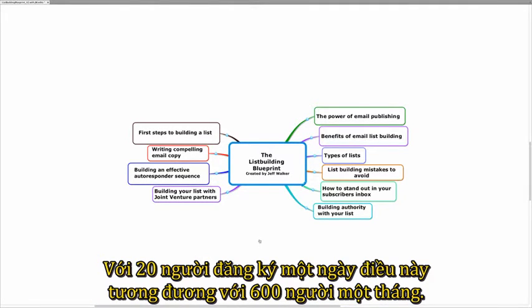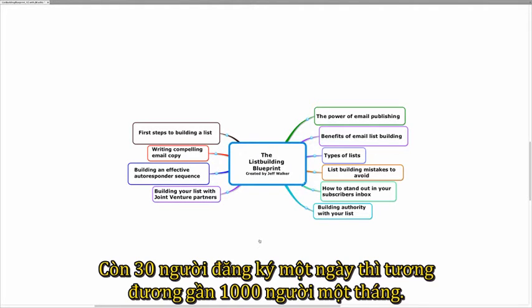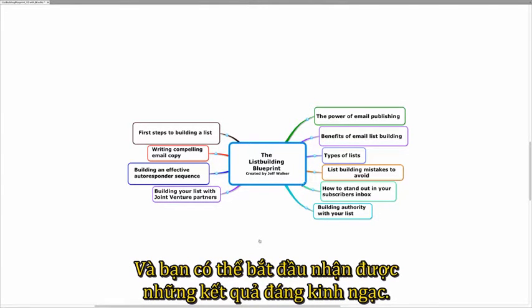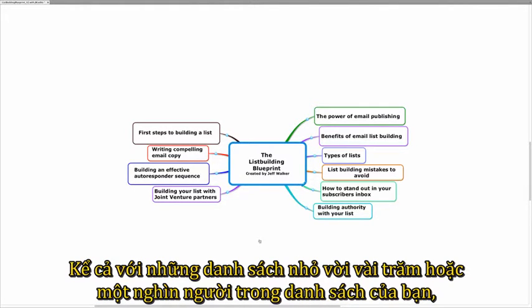If you start adding 20 or 30 subscribers a day, at 20 a day, that's like 600 a month. And 30 a day, that's almost 1,000 a month. And you can really start to get some amazing results, even with small lists where you've just got a few hundred people on your list or 1,000 people.